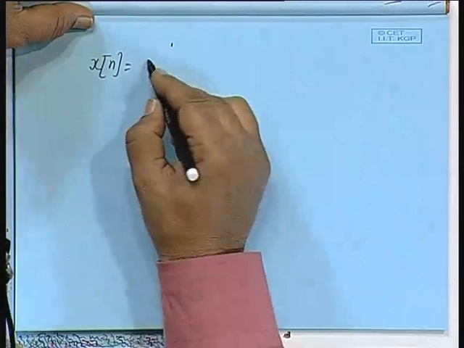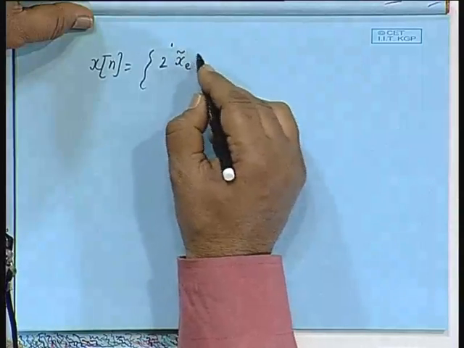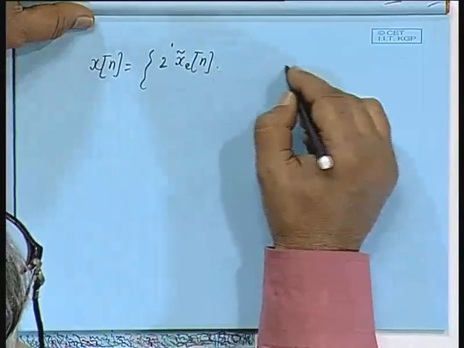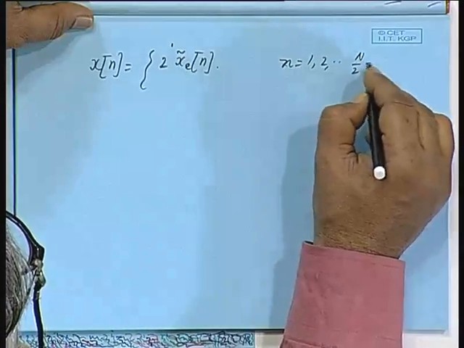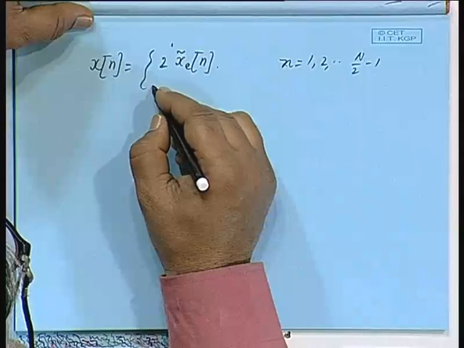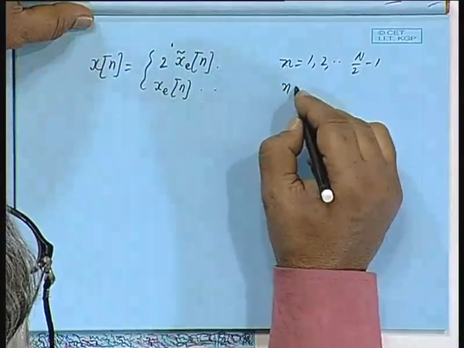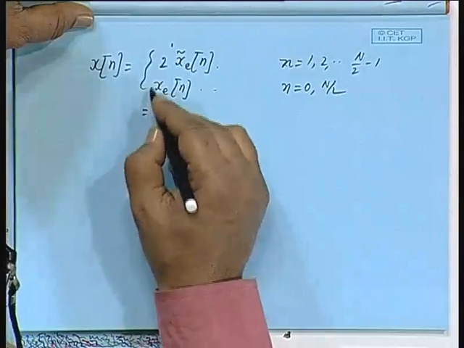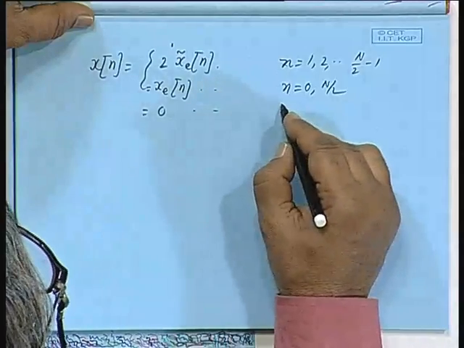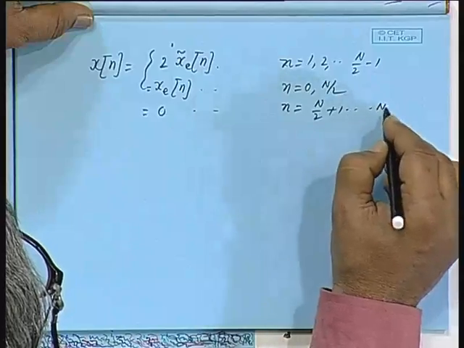So, x[n] is 2 times x_e[n] for n equal to 1, 2 up to N/2 minus 1, and is equal to x_e[n] at n equal to 0 and N/2, and equal to 0 at n equal to N/2 plus 1 up to N minus 1.